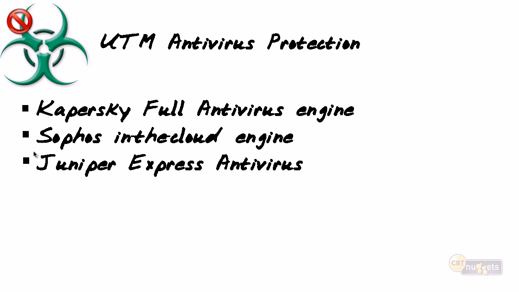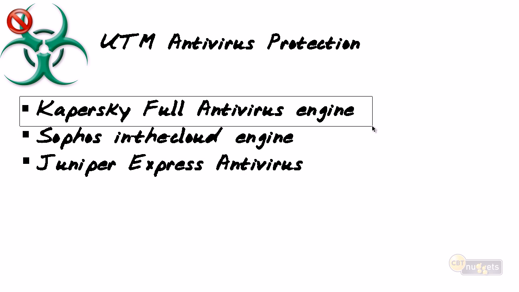Now, we're going to focus on Juniper Express antivirus. This is a less intensive alternative to these other solutions. But let's talk about Kaspersky Full Antivirus Engine first. This is basically the most comprehensive option that we have to scan for viruses. The database has well over 500,000 records in its database.